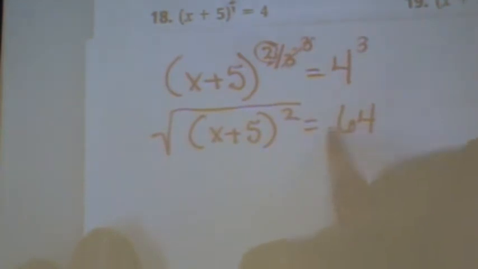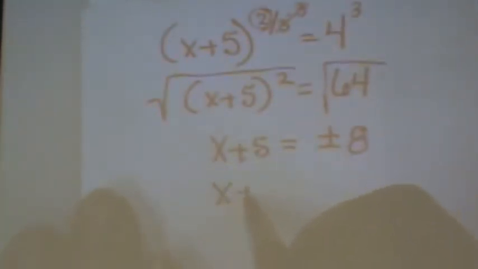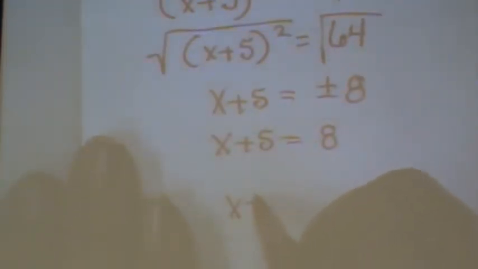Yeah, square root both sides. So you get x plus 5 equals plus or minus 8. So you have x plus 5 equals 8, and x plus 5 equals negative 8, right? So subtract 5, you get 3. Subtract 5 and you get negative 13.